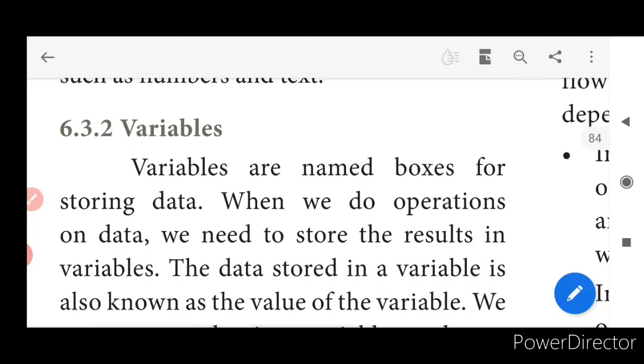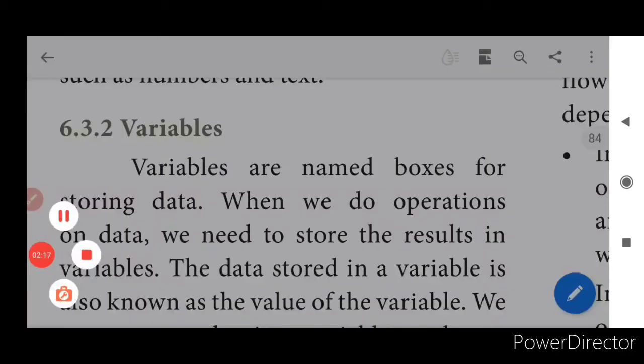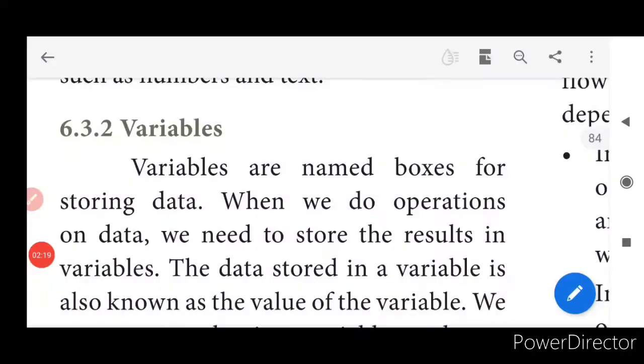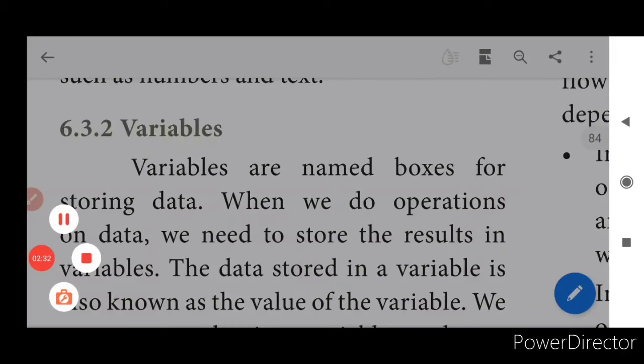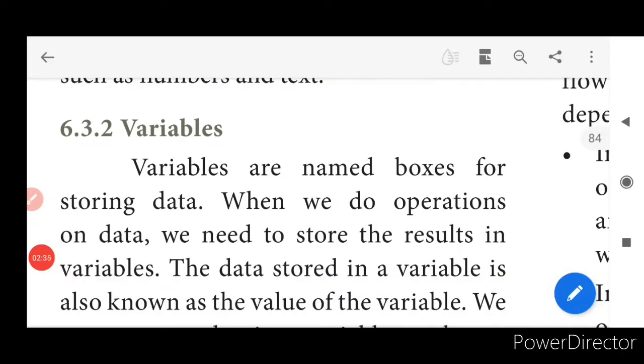Next comes your variables. Variables are nothing but the names that are available for the data. Say for example, I cannot simply call A a value. A is just a variable. 2 is just going to be a value. So when we do operations on the data, that will be stored in the name of a variable. Say for example, A is equal to 2.